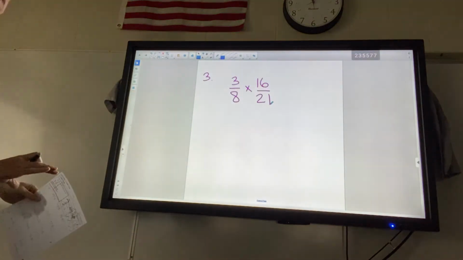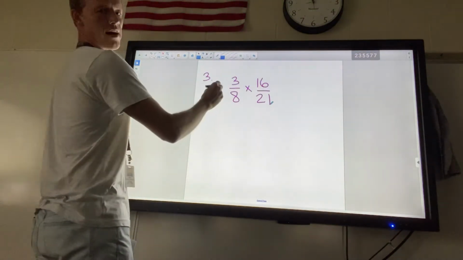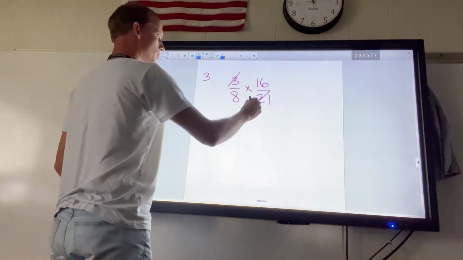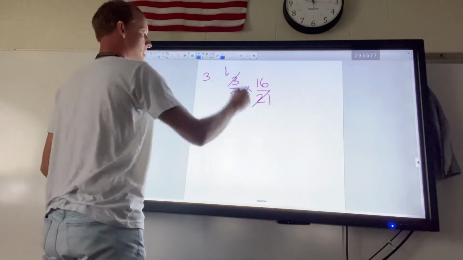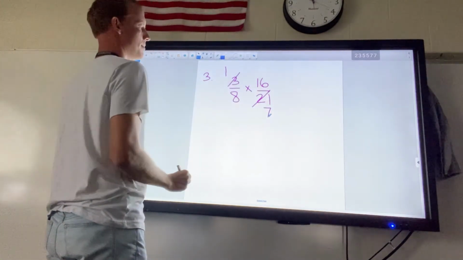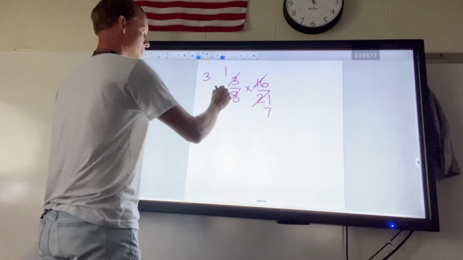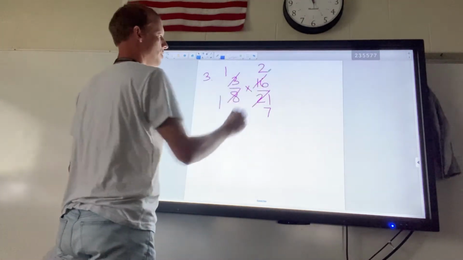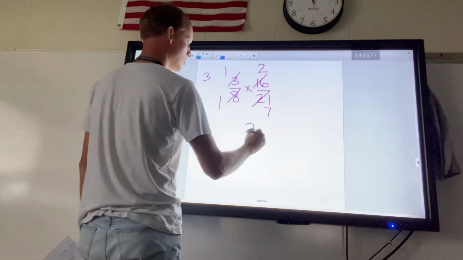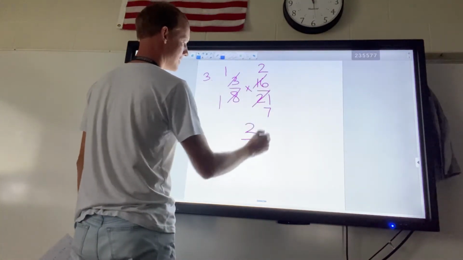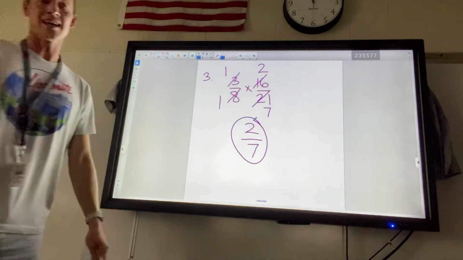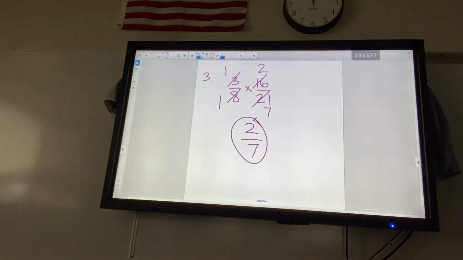You can reduce that. But if you cross simplify and divide 3 and 21 both by 3, this becomes a 1, this becomes a 7. If you divide 8 and 16 both by 8, this becomes a 1, this becomes a 2. 1 times 2 is 2. 1 times 7 is 7. That's it. The cross simplifying makes this so easy.